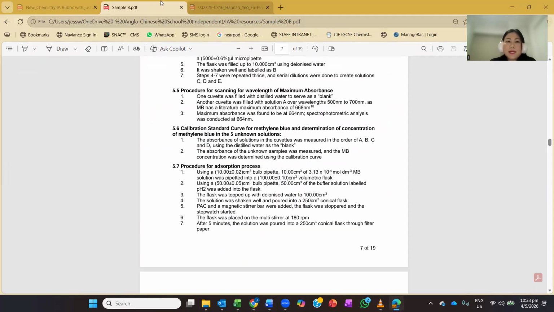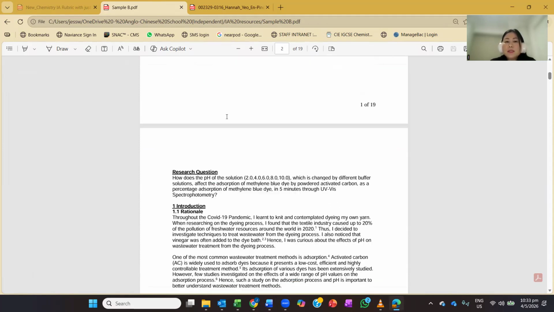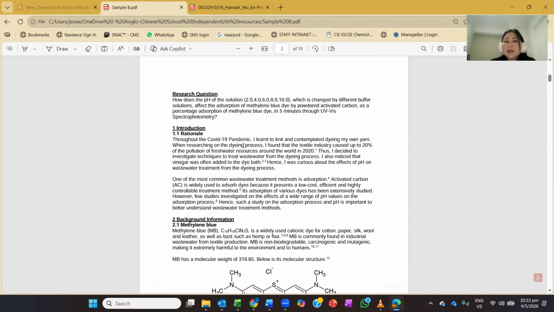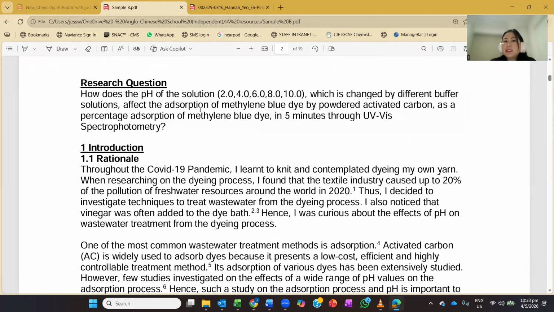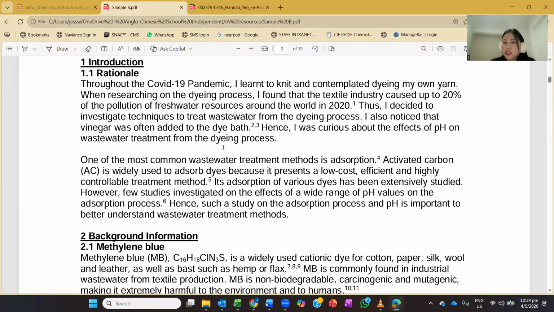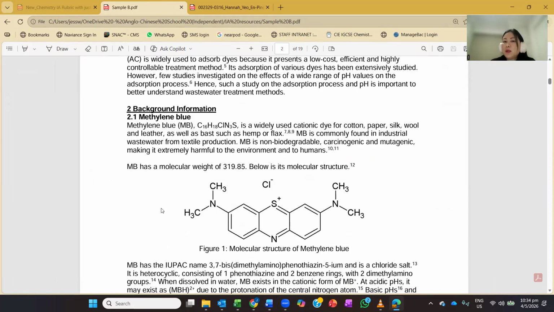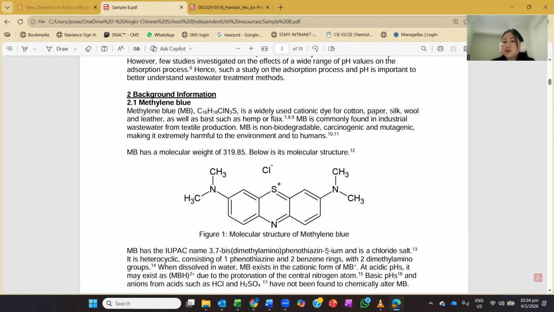Okay, so I'll give you some idea how it looks like because some of you are very lost already. So you will write a report like this. For example, come up with a research question, and then some short introduction, not too long. And then background information must be related to what you are doing. Put in some pictures and then put down some captions.